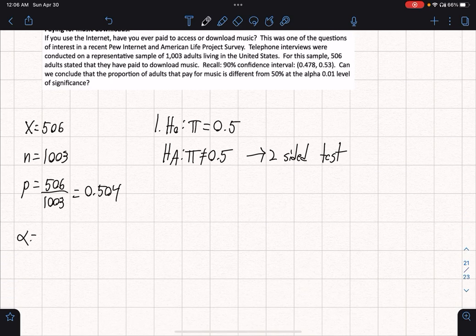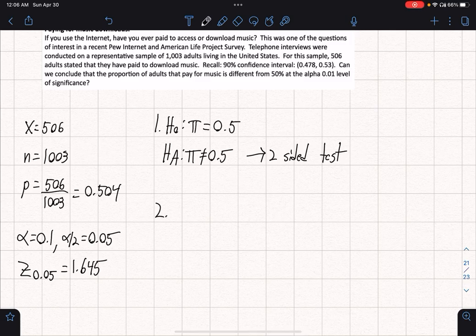We were told that alpha is 0.1, but this is a two-sided test, right? Two-sided test, so we're going to divide alpha in half, so alpha over 2 would be 0.05, and therefore we're going to need our critical value of z, so z.05 is equal to 1.645.